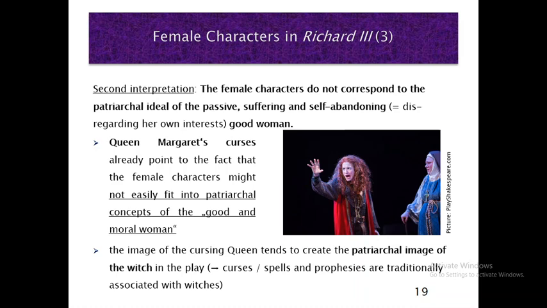So I referred to Queen Margaret's curses, and the first interpretation would say, yeah, that's all that she can do, so that's basically nothing, no active role, she cannot influence anything. But in the context of the second interpretation, this could suddenly be used as an argument to say, yes, but it at least shows us that she does not correspond to the traditional patriarchal idea of the good and moral woman.